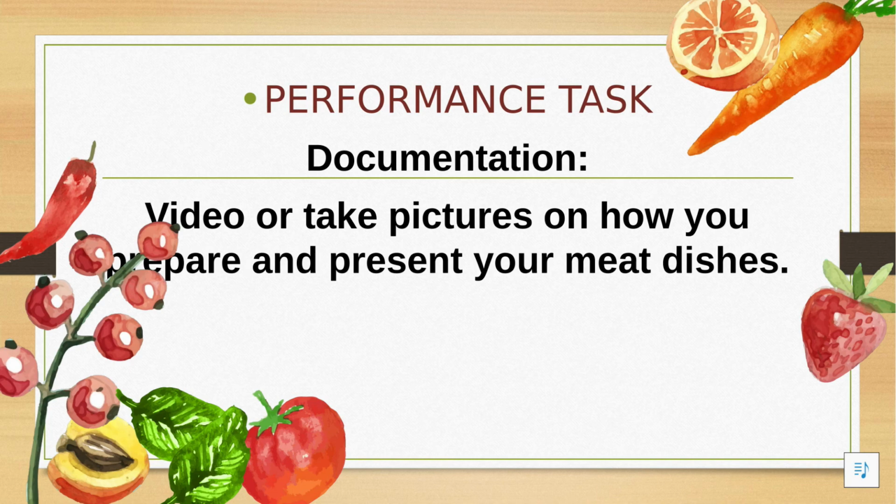And for the performance task, you're going to apply your knowledge on the following tips, tactics, and factors on how to present the meat dishes attractively by means of video or take pictures on how you prepare and present your meat dishes.